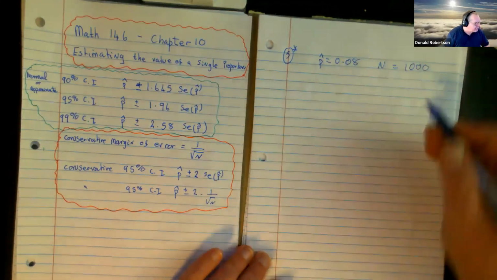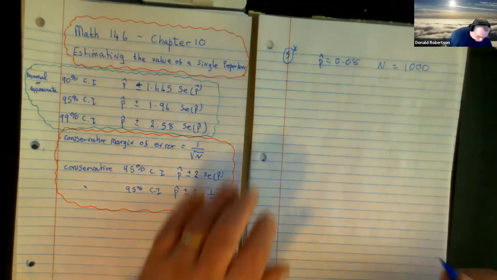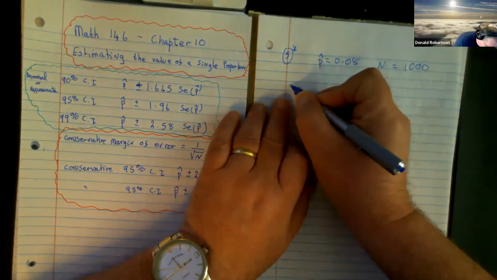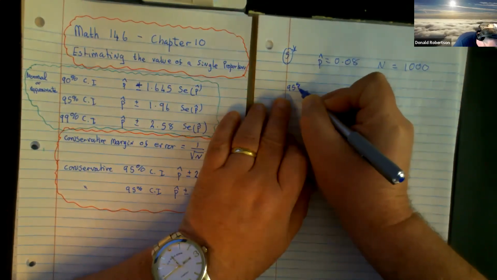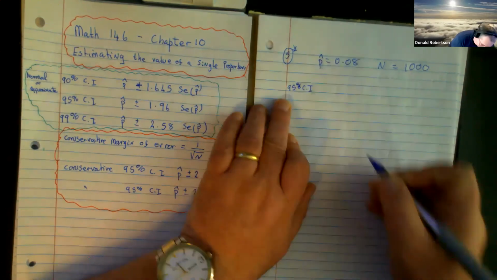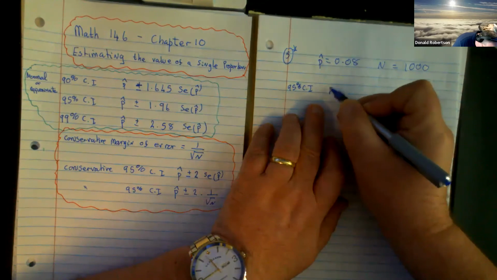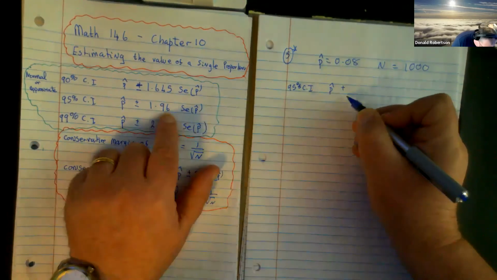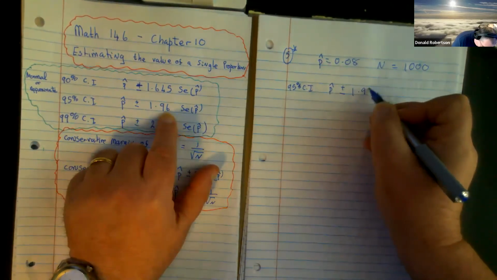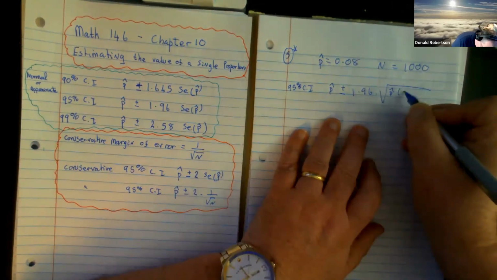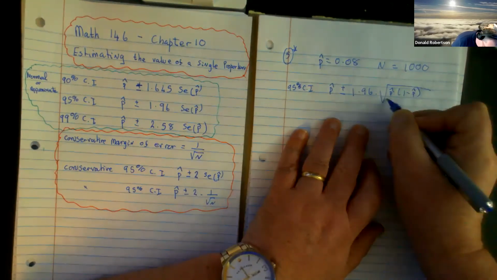Let's do a prediction on what the entire American population would think of this. So the one that we're going to do is a 95% confidence interval. So it is going to be p hat plus or minus, since it is 95%, 1.96 times the standard error, so p hat times 1 minus p hat all over n.